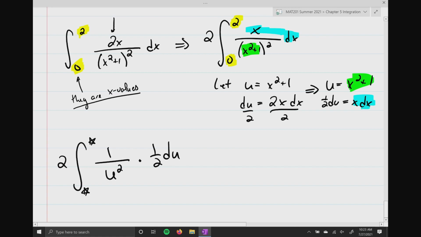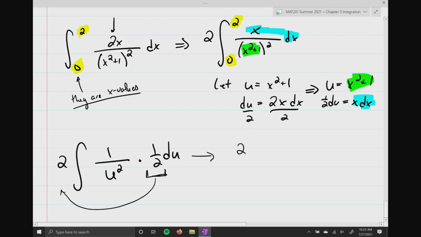And what we've done here is we've changed our variable from x into u, all right? So we don't write the limits of integration. Now, there is something we can do, and I'm going to do that at the very end. So I'm going to actually redo this problem. But what I want us to do is just do this problem like we normally would, okay? So for now, we're going to just disregard the upper and lower limits. They're going to come back in a little bit. So let's approach this problem like we normally would. Notice right here we have the 1/2, so I'm going to pull it out front.